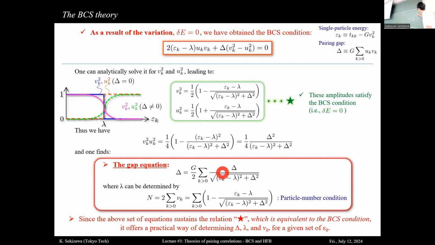In the last lecture, I didn't introduce this occupation probability, but in this case we can introduce the occupation probability times this.